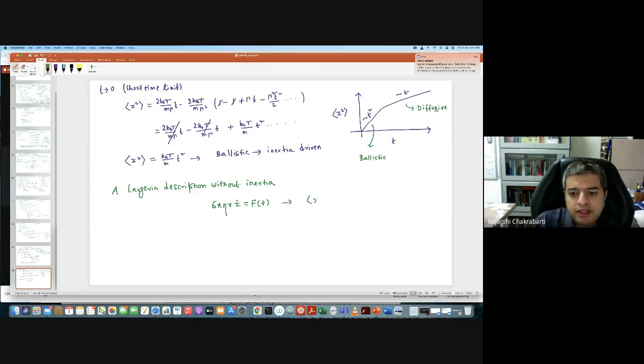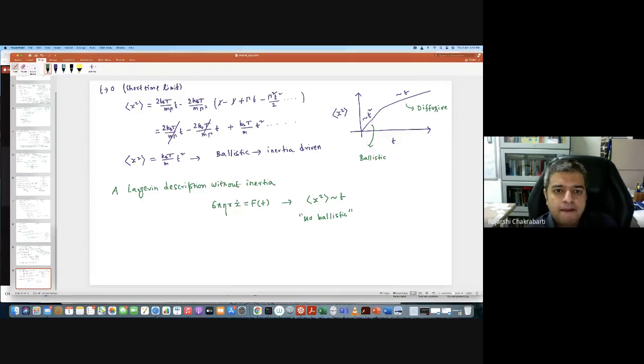That would have given you only this, no ballistic. But here you have got a ballistic thing, isn't it? This ballistic behavior is coming because you have inertia. If you had not taken inertia, the ballistic behavior would not have come. If you had assumed that the viscosity is so high that inertia can be ignored, this is the large viscosity limit.